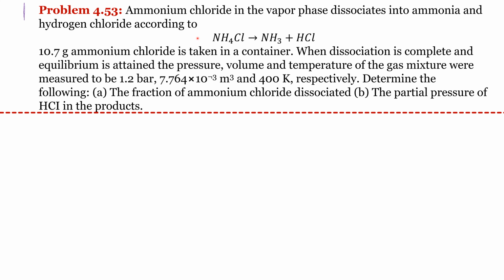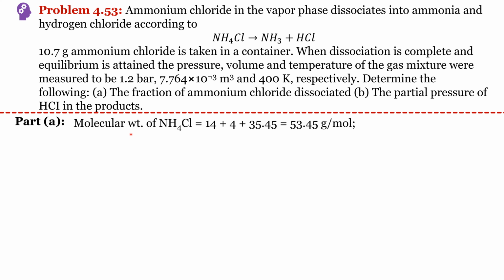Then at equilibrium conditions we can use the ideal gas equation, because pressure, volume and temperature are given, and the number of moles we can find using the stoichiometric equation. So there will be one unknown; we will put all values in the ideal gas equation and the unknown will become known.